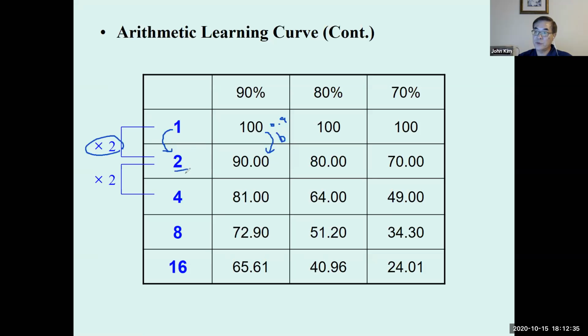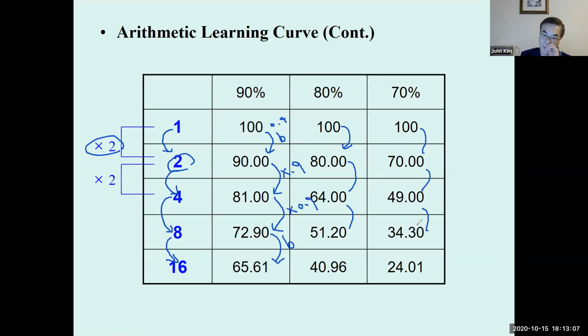And then from 2 to 4, doubled, times 0.9. That is the learning percentage. And then again, from 4 to 8, doubled, times B, that is 0.9. The same for 0.8 and 0.7. So this is the arithmetic learning curve concept, the doubling approach.